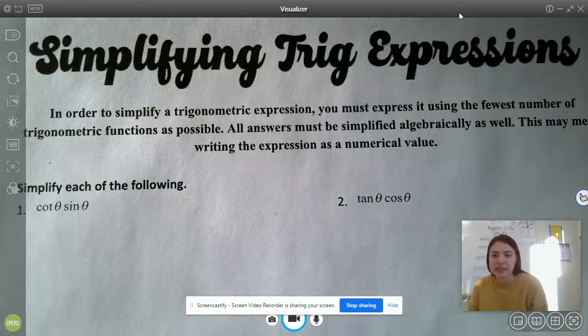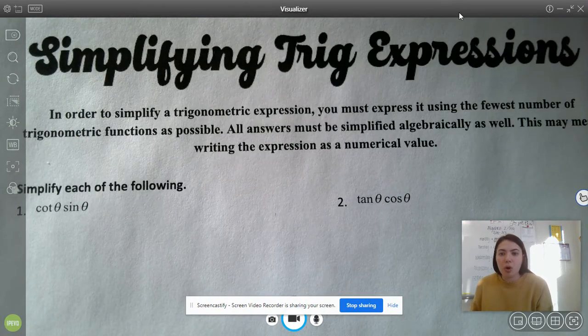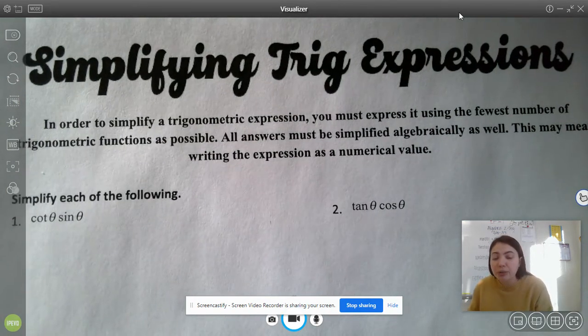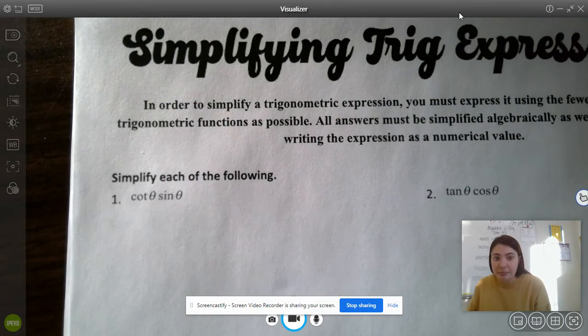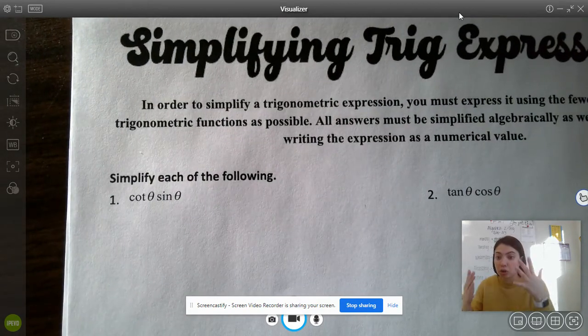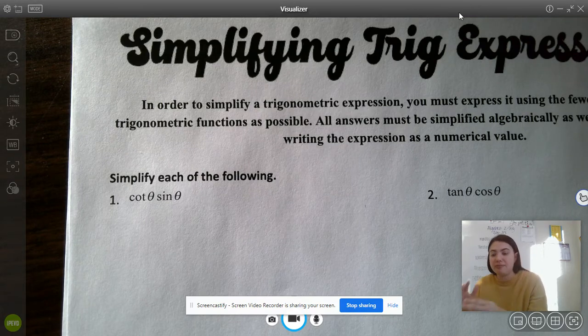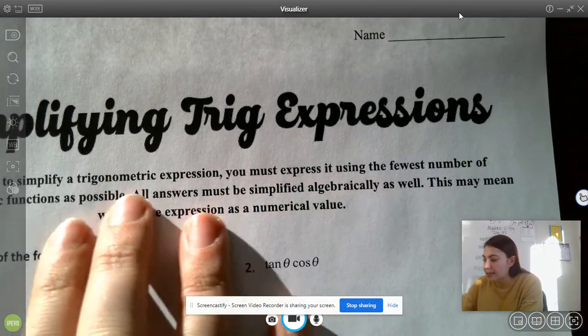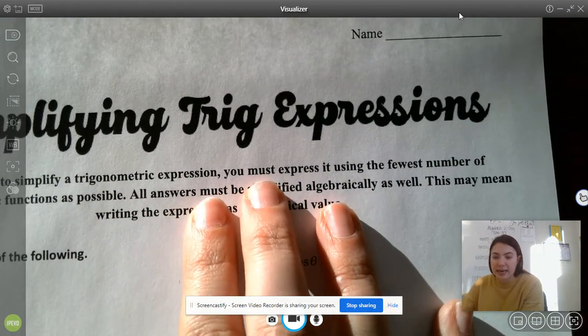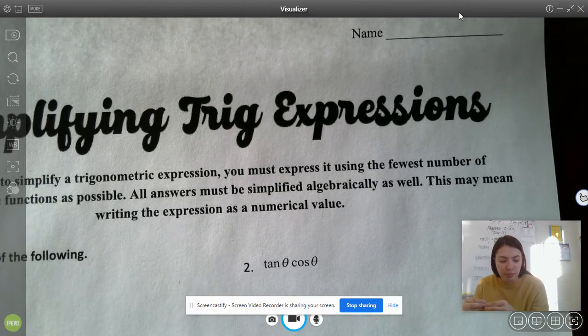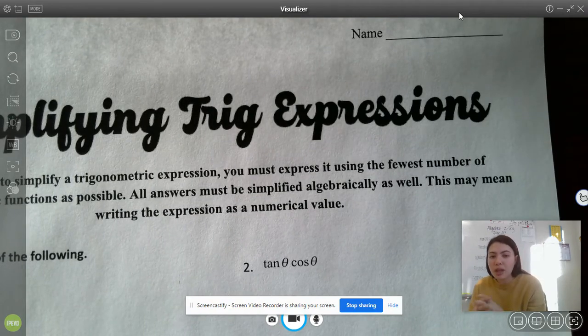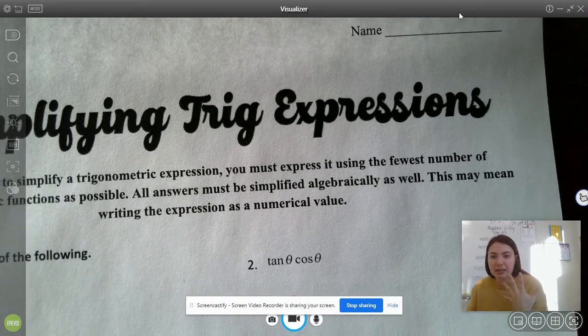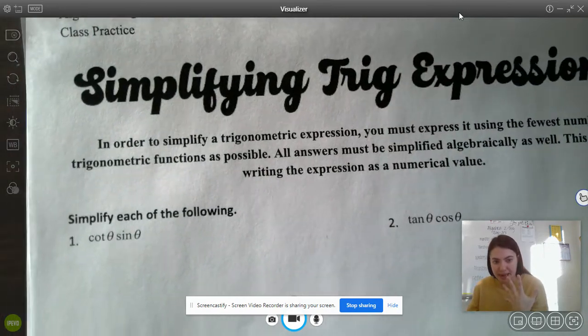Sometimes, as you see in the directions, we may get a numerical value. Sometimes when we simplify, we'll just get a single trig function value, like the cosine of theta or the sine of theta. Remember, we may not always get it narrowed down to a singular piece. That's always the overall goal, but really, can we express it in the fewest number of terms possible?